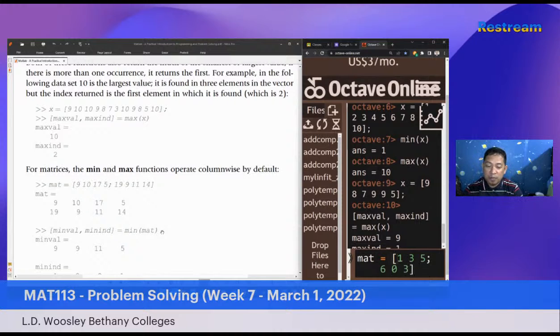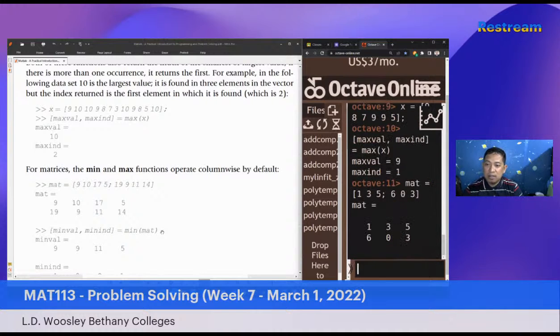So of course we are forming here a 2 by 3. So wherein we could solve for the minimum value and the minimum index of this given matrix mat. That is a 2 by 3 matrix, indicating 1 3 5 is the first set and then 6 0 3 is the second one.